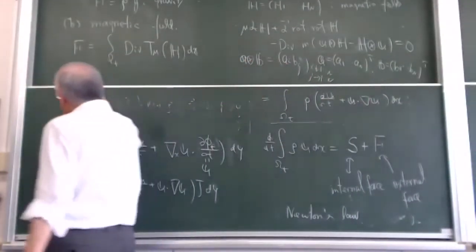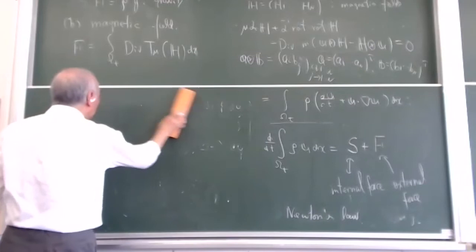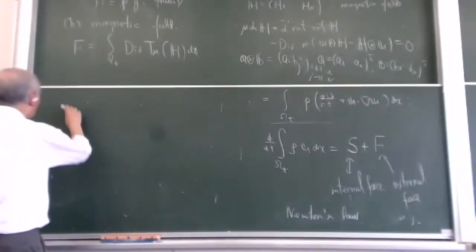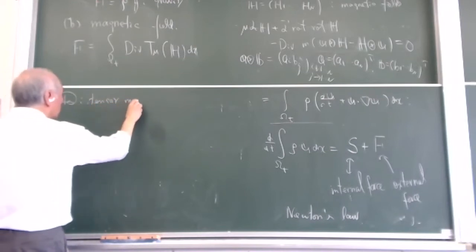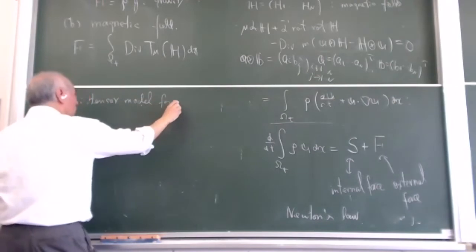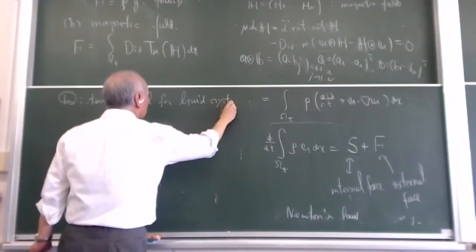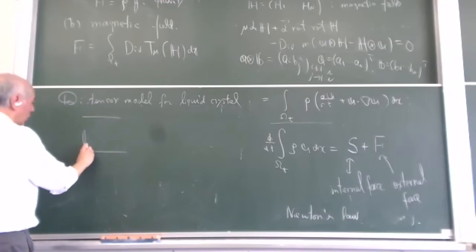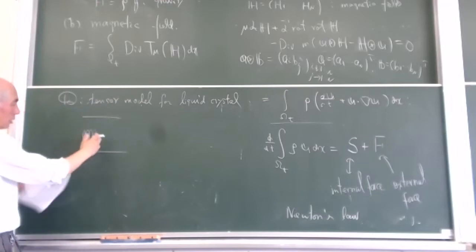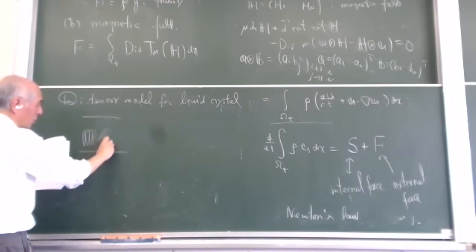Then we consider the Q tensor. The Q tensor is the same idea but more complicated. It's a liquid crystal, so there is viscosity and alignment. The crystal is aligned, and at each point the alignment is in a different direction.